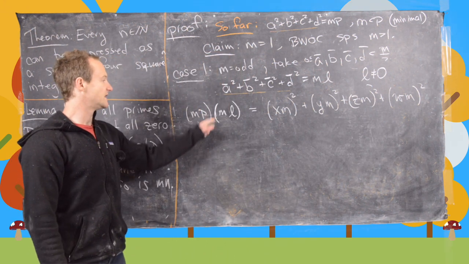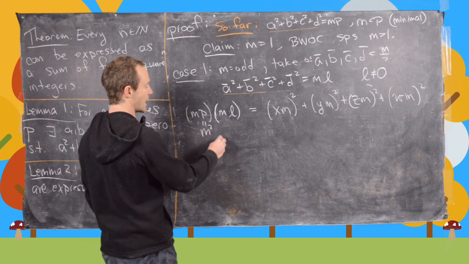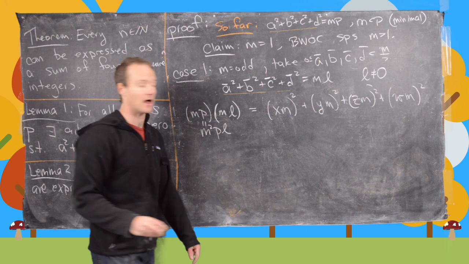But now notice this left-hand side multiplies out to m squared times PL.